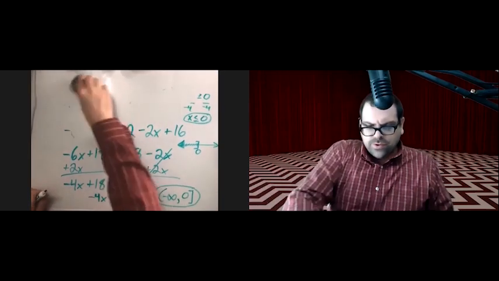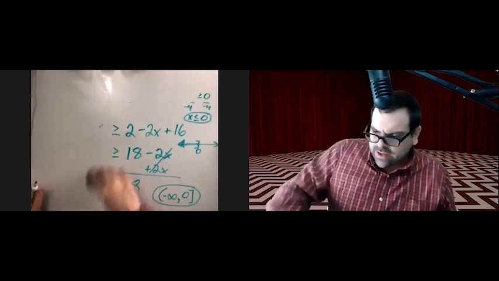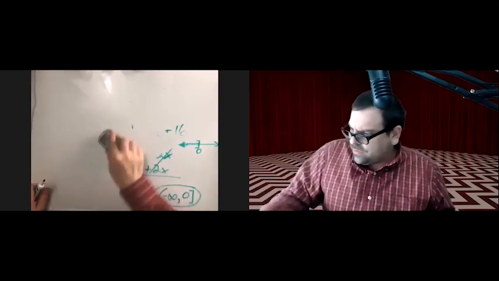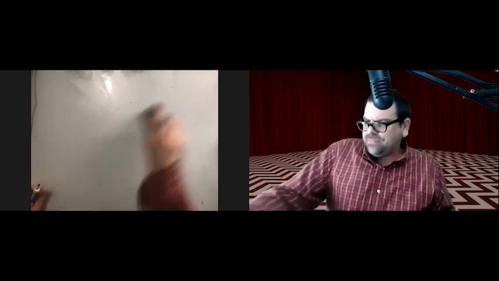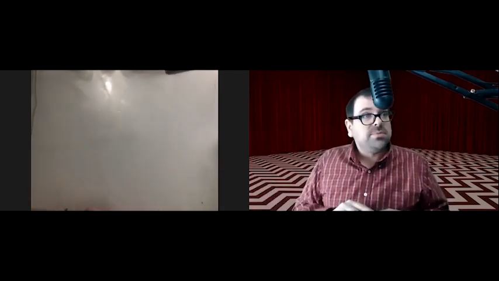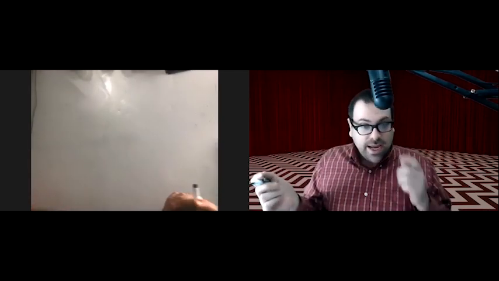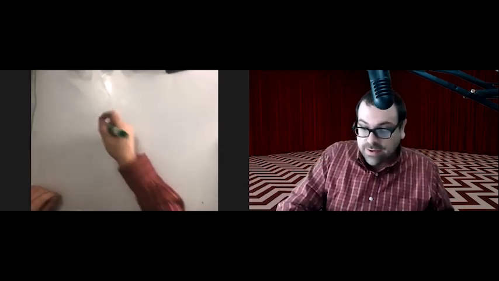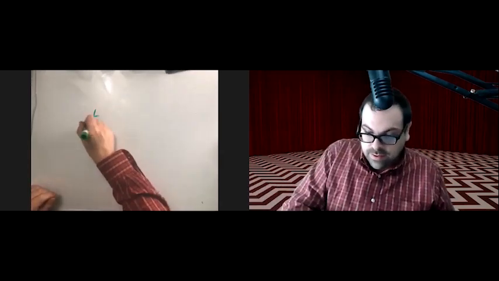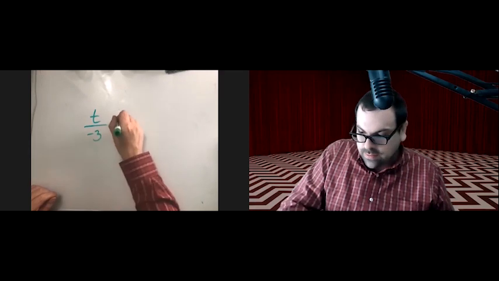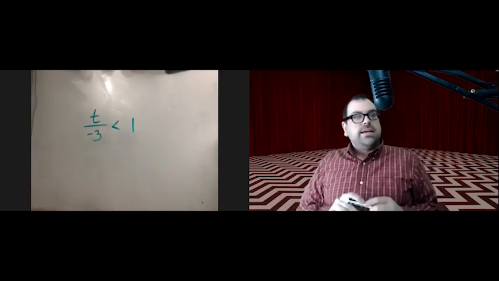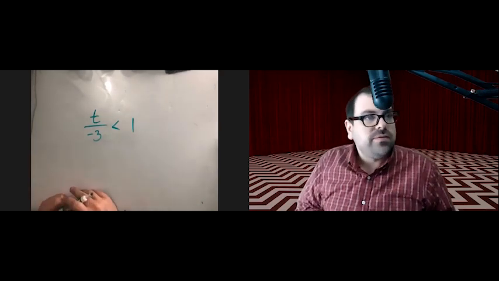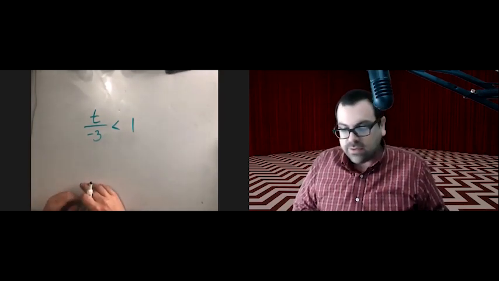So just real quick to knock out that one I promised you before we do another one just like this. Something where we'll end up multiplying both sides by a negative number could look like this. T over -3 is less than 1.